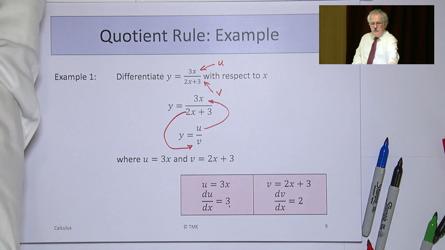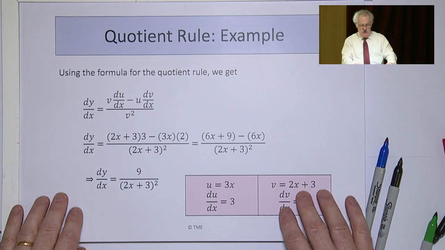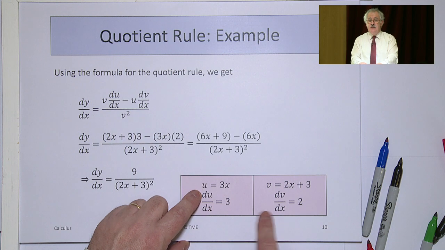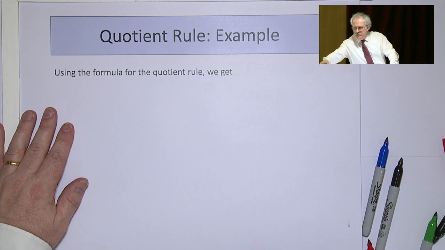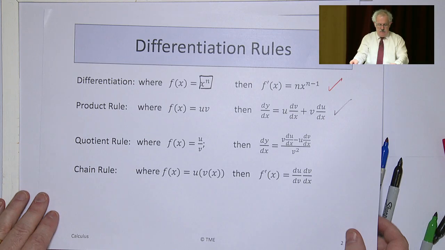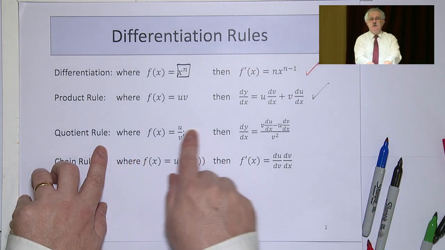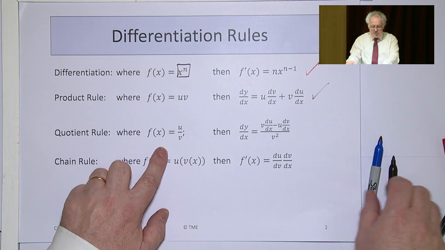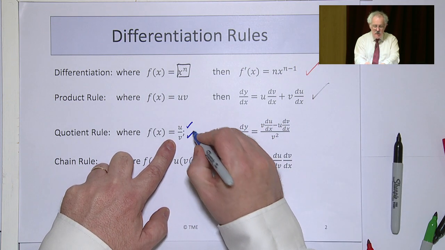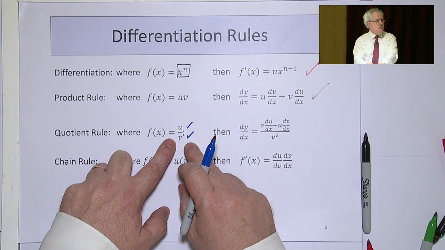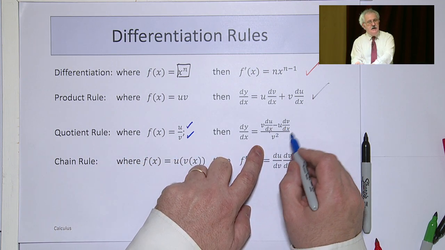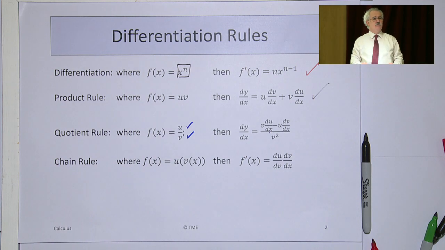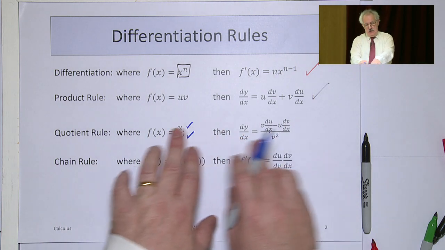So the next thing I do is I say, okay, I now know u, v, and these things. And what formula do I use? There is a quotient rule formula that says if you're using u and v, where one is on top of the other as a quotient, dy dx is v du dx minus u dv dx over v squared. It just is. That's what they say. That's the method.